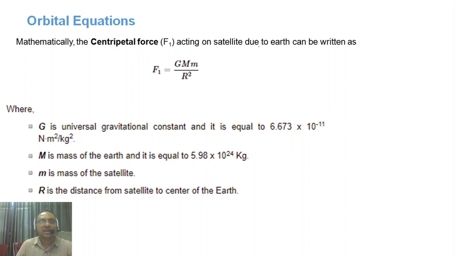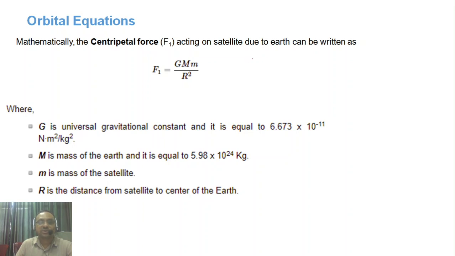Okay. A satellite, when it revolves around the earth, it undergoes a pulling force from the earth due to the earth's gravitational force. This force is known as centripetal force, and it is denoted by F1. Because this force tends the satellite towards it.